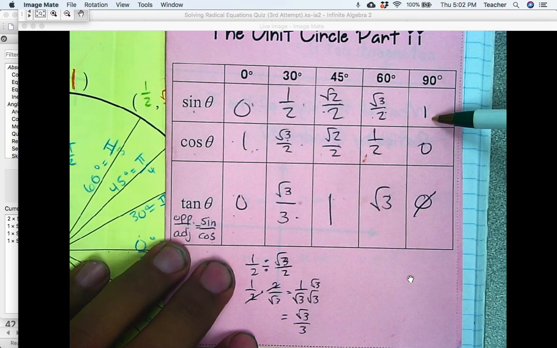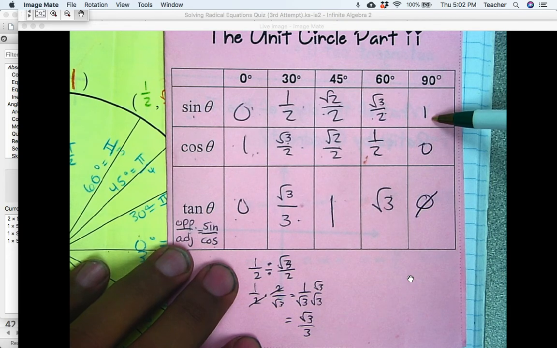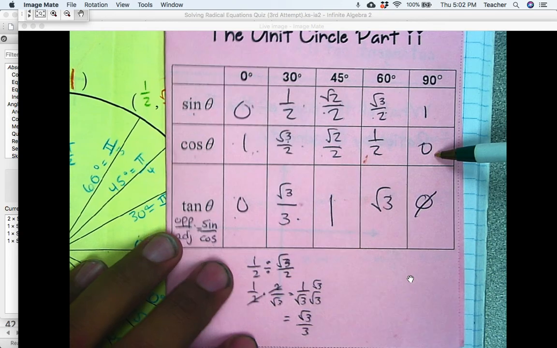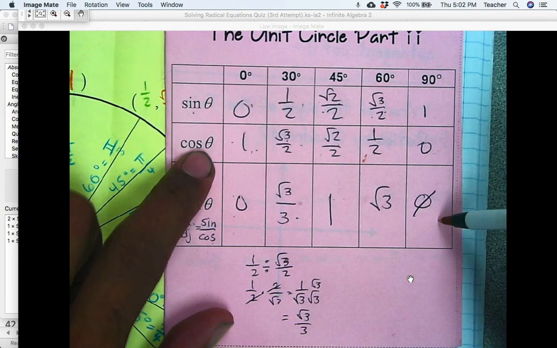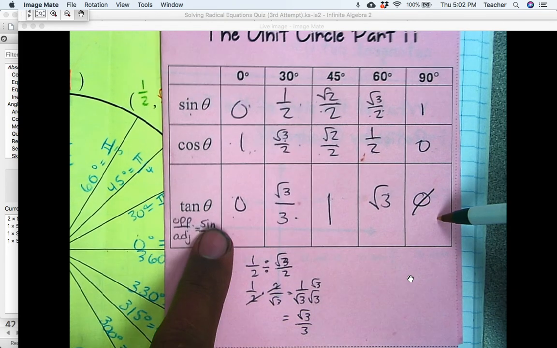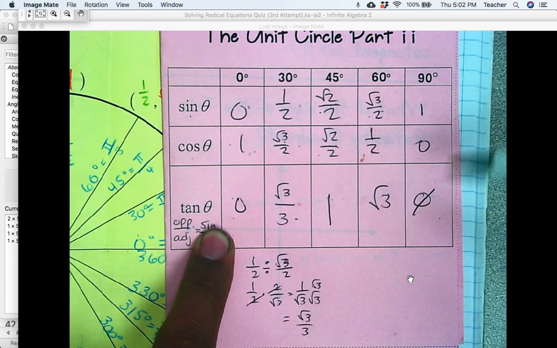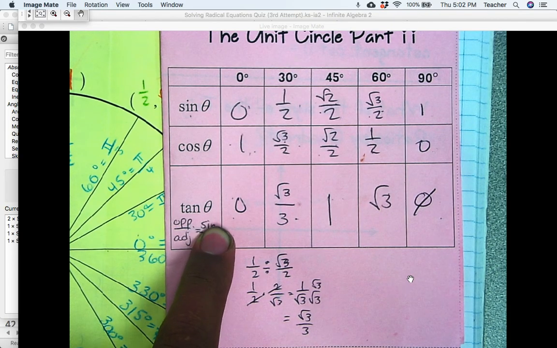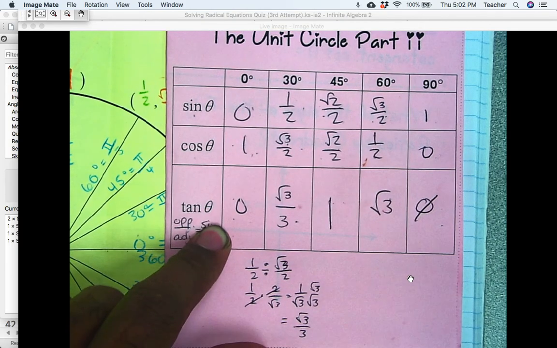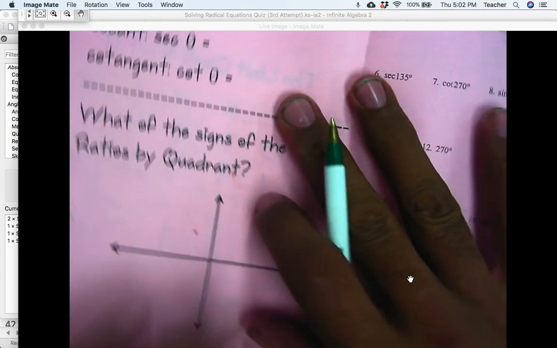But now for the tangent of 90, the sine is 1 and the cosine is 0, so 1 over 0 is undefined. There is a hole in the tangent function. 90 degrees doesn't work for tangent, and you would probably get an error in your calculator if you tried to plug that in.